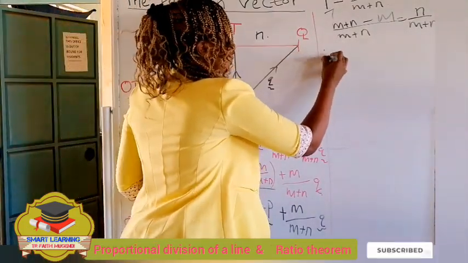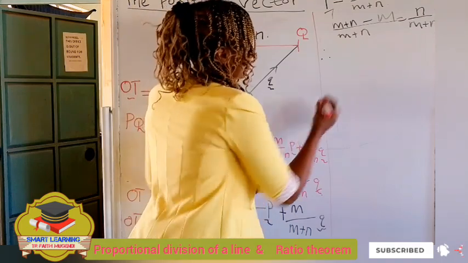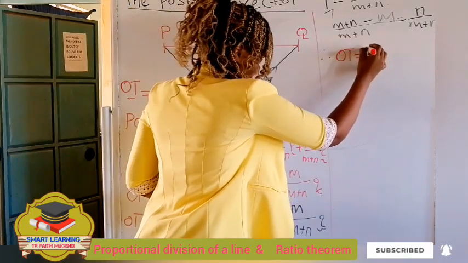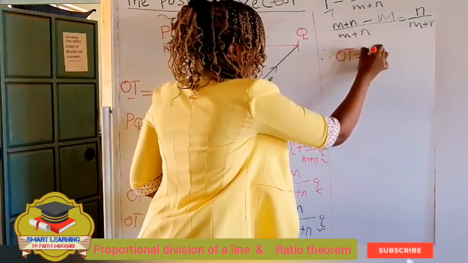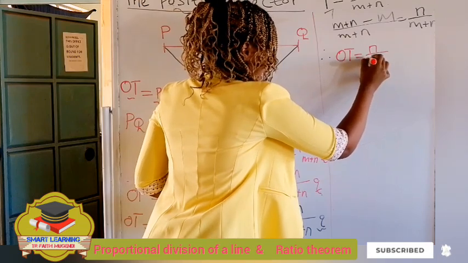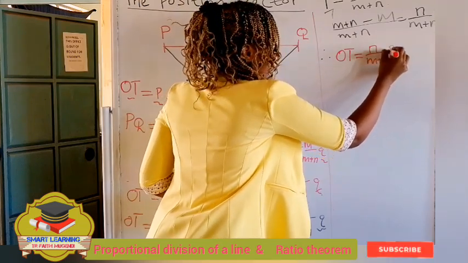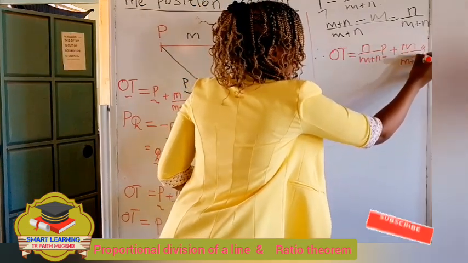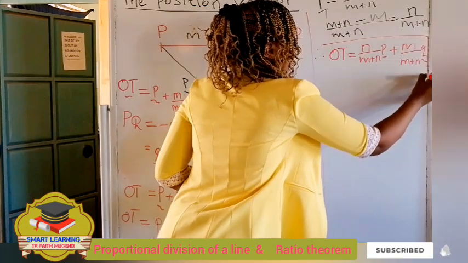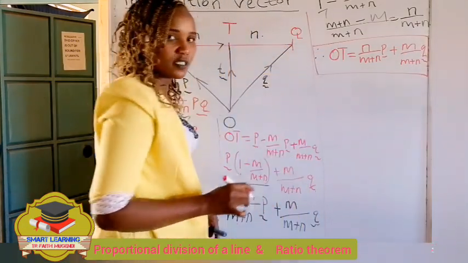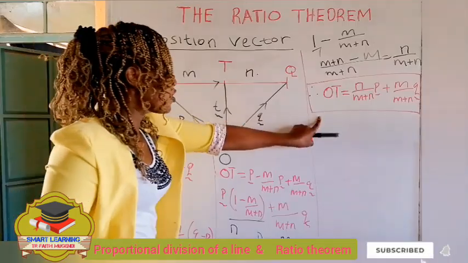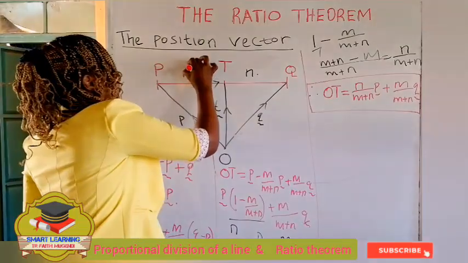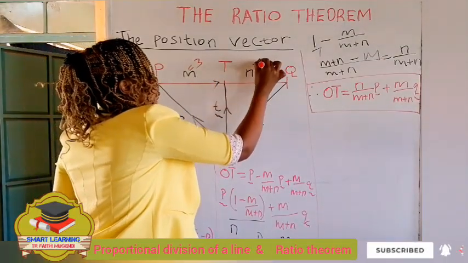Therefore, OT now is n over m plus n P plus m over m plus n Q. This is what we are calling the ratio theorem statement. How can we use this ratio theorem to solve the case that we had? The example that we had, m was 3 and n was 2.